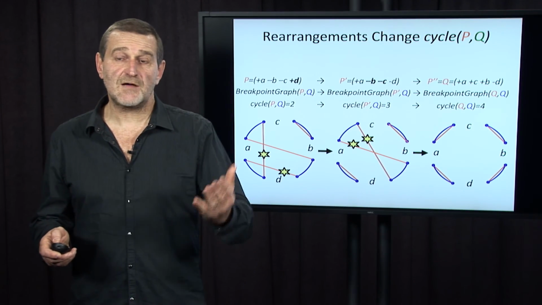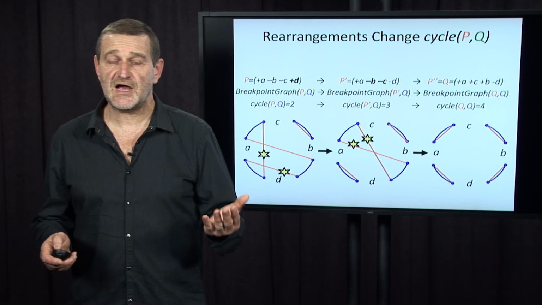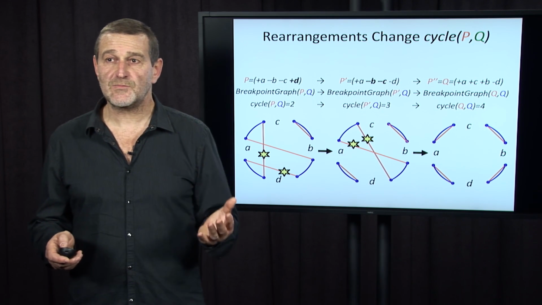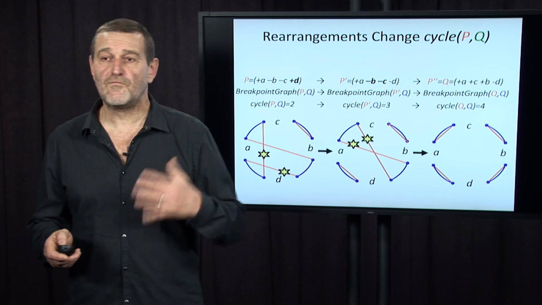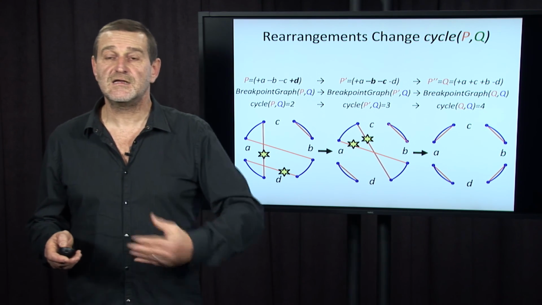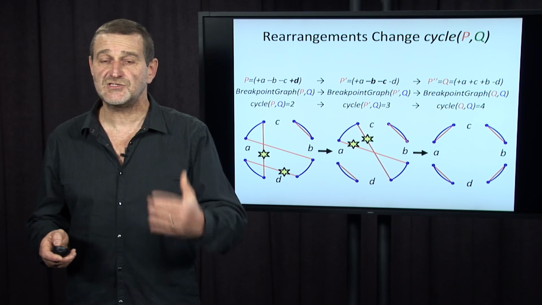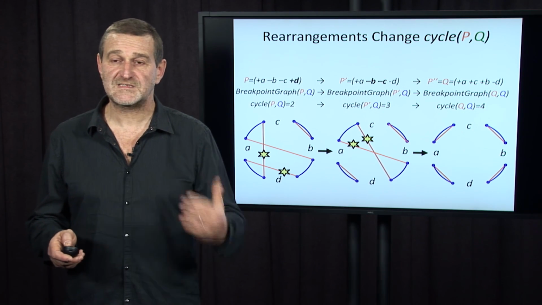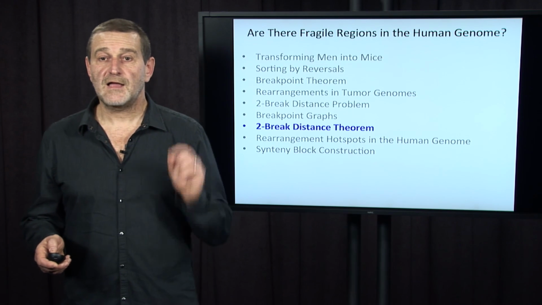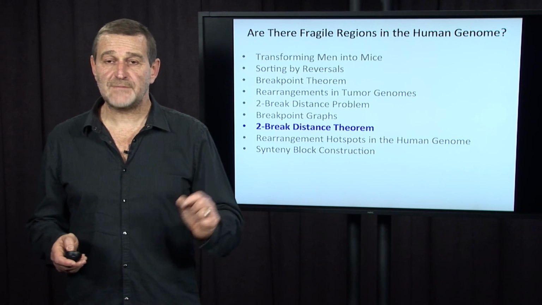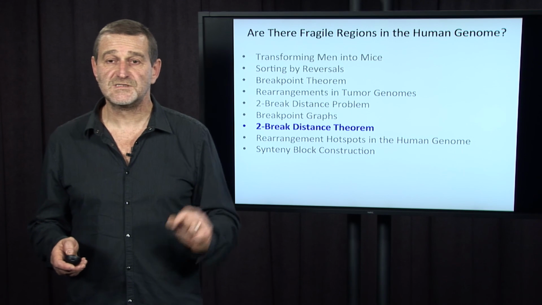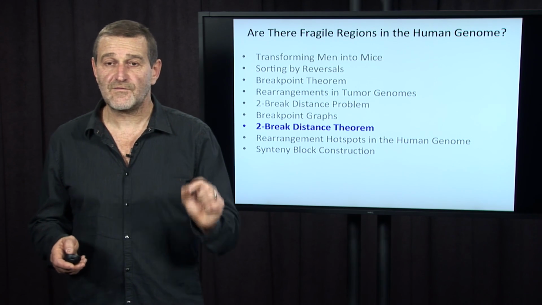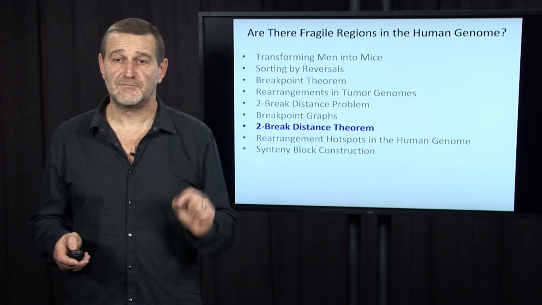And this is just an example of one possible scenario for rearrangement of genome P into genome Q, but no matter what the scenario is, it always will be the change from the cycle number of PQ to the maximum number of cycles in the graph. And armed with this observation, we are ready to prove the 2-break theorem that will prove very important for our analysis of the random breakage model.